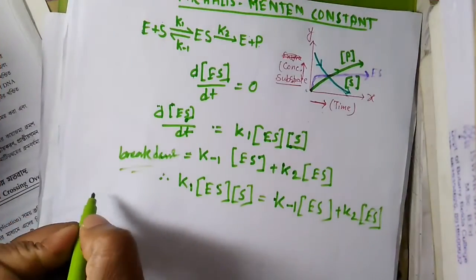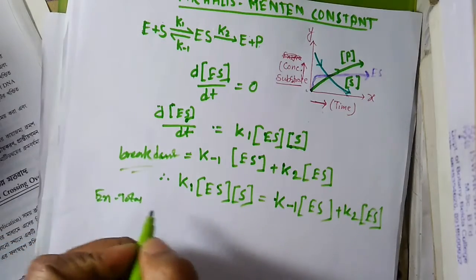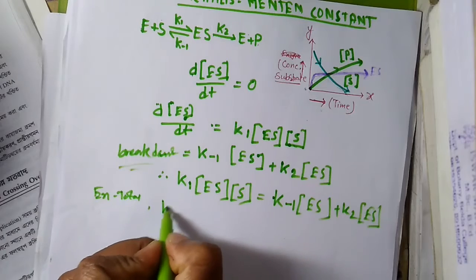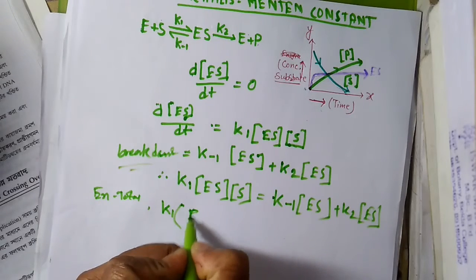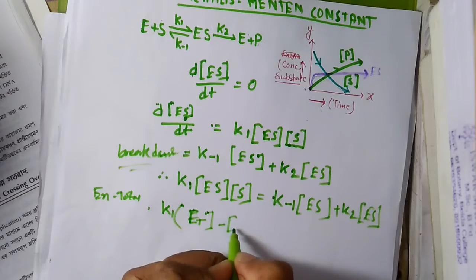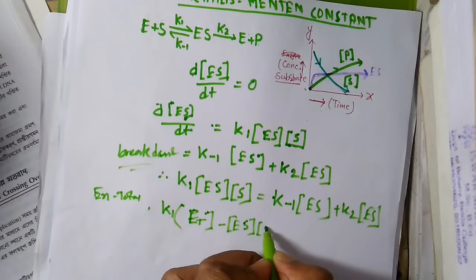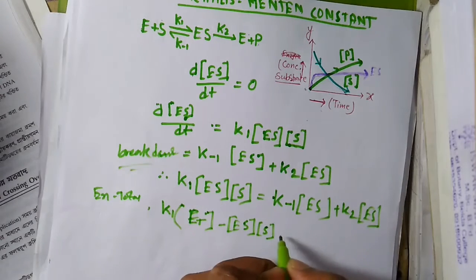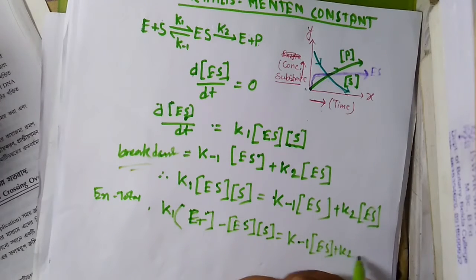In the case of total enzyme, we can say that K1 times enzyme total minus enzyme-substrate complex, times substrate, is equal to K minus 1 ES plus K2 ES.